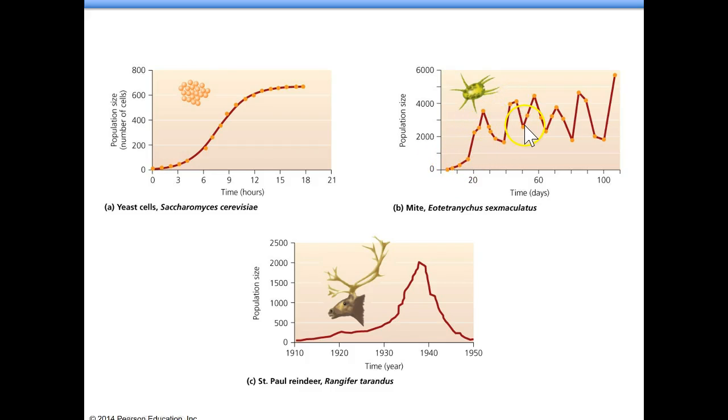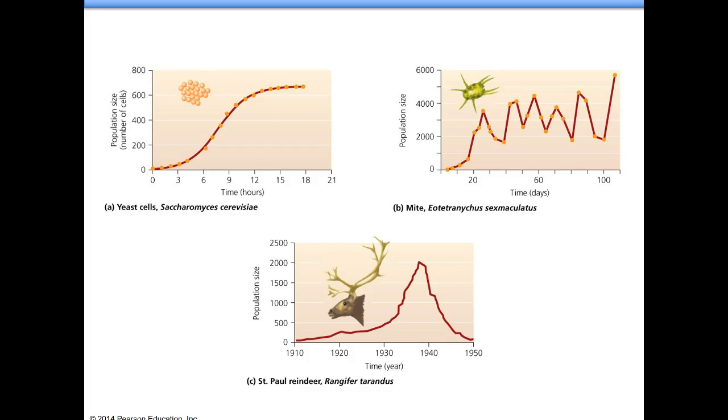This would be considered a logistic growth curve, with that zigzagging motion. The St. Paul reindeer will grow as long as the resources are available. Once they deplete their resources and don't have enough food, competition happens and those numbers drop again. That's another example of a logistic growth curve.